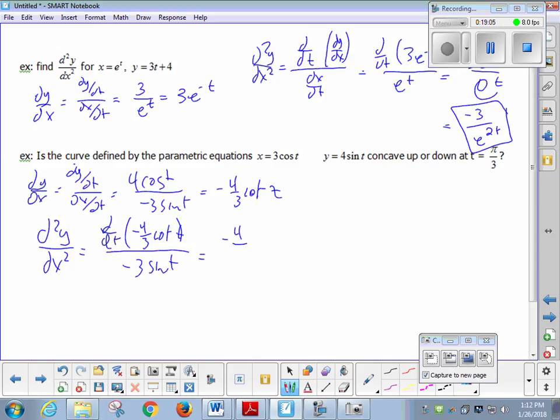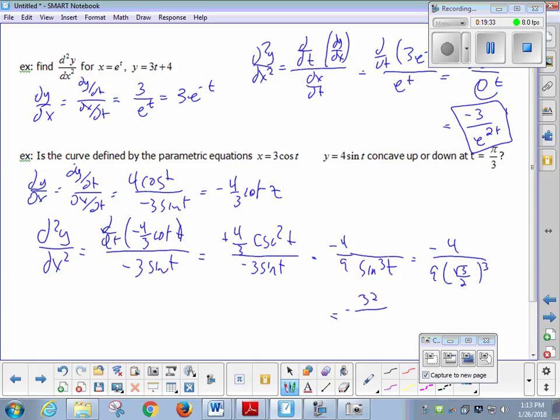So that's positive 4/3 cosecant squared t over negative 3 sine t. I guess you could say that's negative 4/9 over sine cubed. Negative 4 over 9, sine of pi over 3 is root 3 over 2, cubed. So 8. I'm thinking negative 32 over 27 root 3.